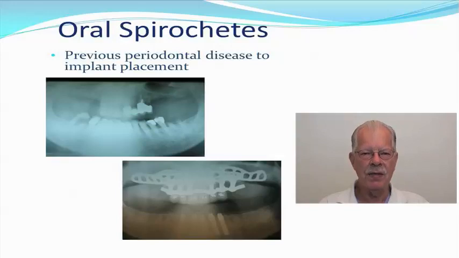At the time, I had no clue how spirochetes produce these spore-like forms that sit there, and when you try to do the implant procedure, those spore-like forms can regenerate and produce periodontal disease around the implants. In the bottom slide, you can see the custom endosteal implant and the root form implants. The bone loss occurred on all of the implants, but the upper implant is the one we're going to talk about in a minute.